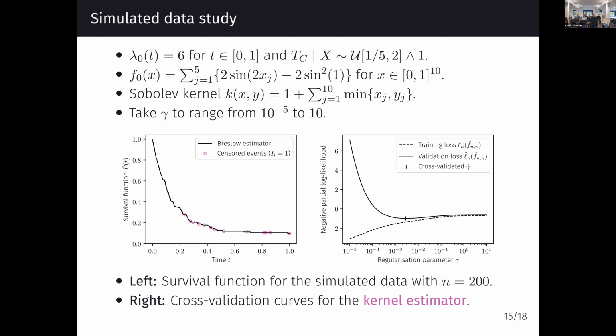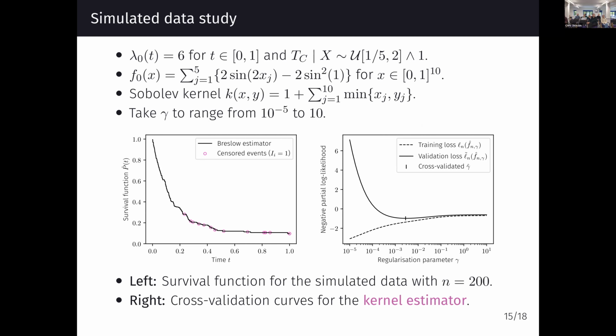F0, our relative hazard function, is a function of 10 variables, but it only depends on the first 5 of them. So this is modeling a sparse function setting, which might be quite common in high-dimensional scenarios.